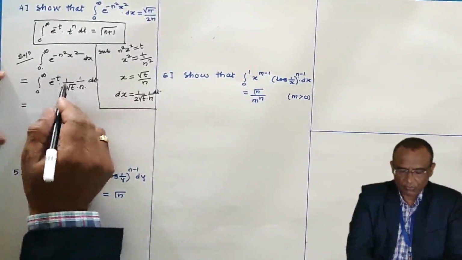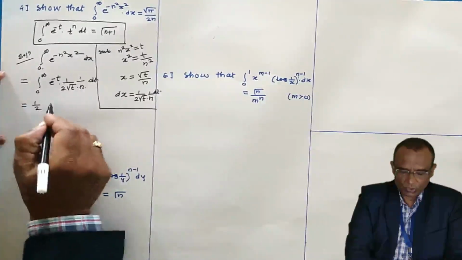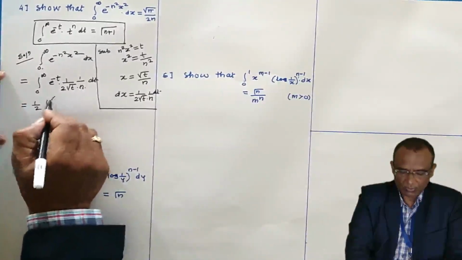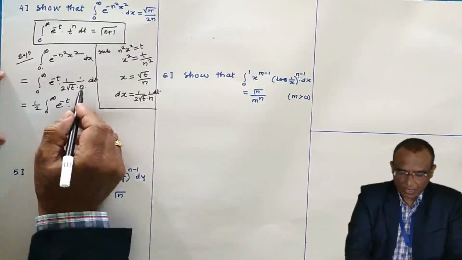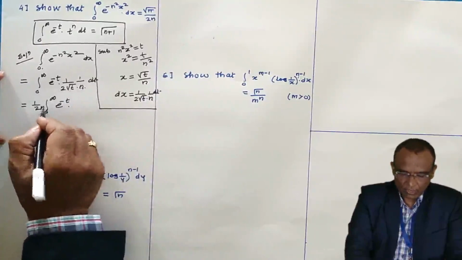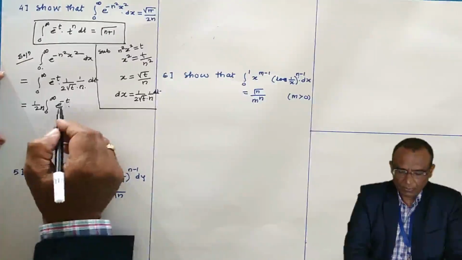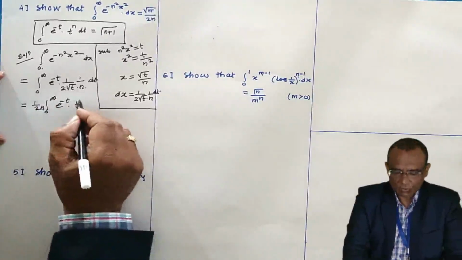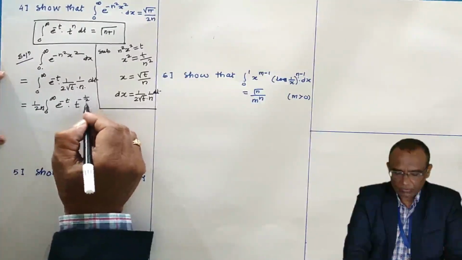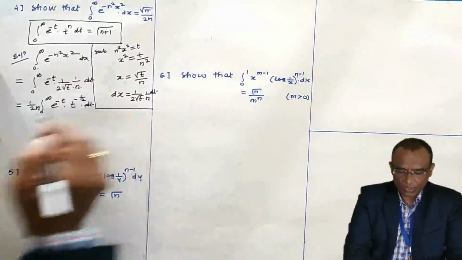Now some constants are there. 1 by 2 is constant, take it outside. 0 to infinity, e power minus t is as it is. n is also constant, take it outside. Now e power minus t as it is, and 1 by root t means t power minus 1 by 2.